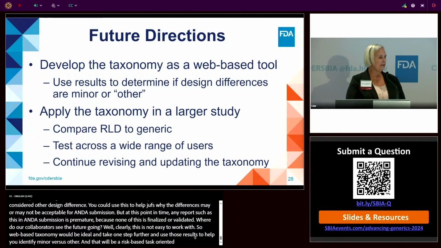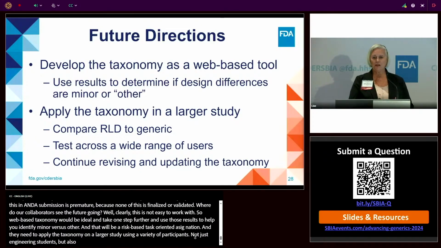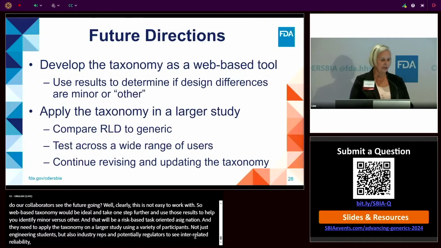They need to apply the taxonomy in a larger study using a variety of participants, so not just human factors engineers or engineering students, but also industry reps and potentially even regulators, to see in an interrater reliability how often we agree on the classifications. And that will allow them to continue revising and updating the taxonomy tool.